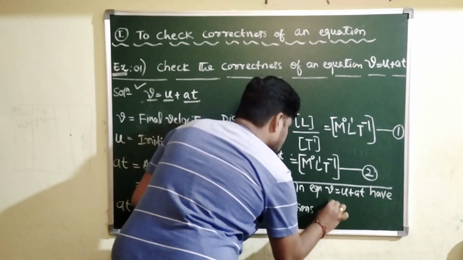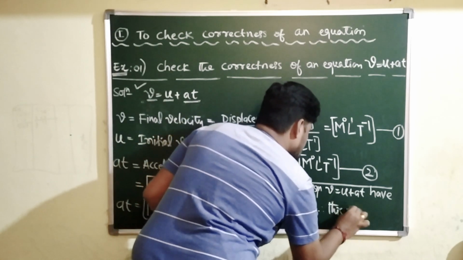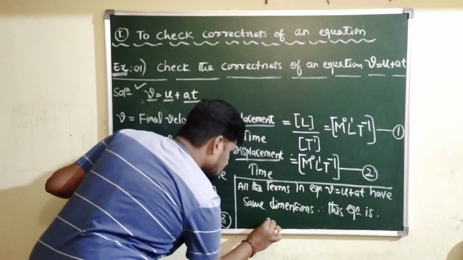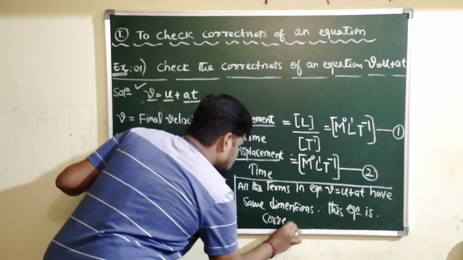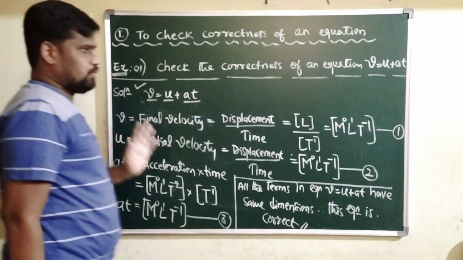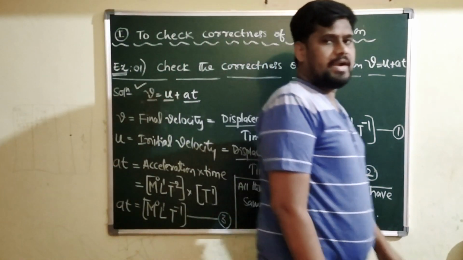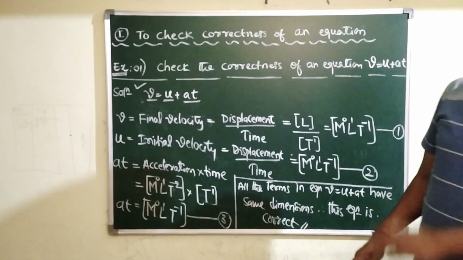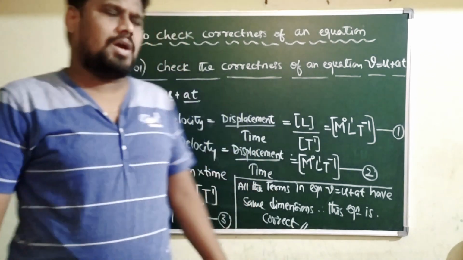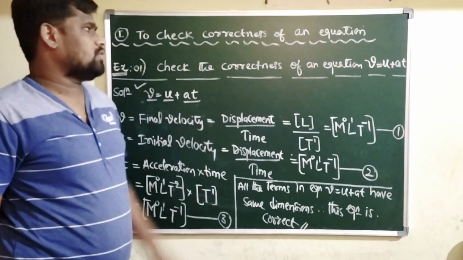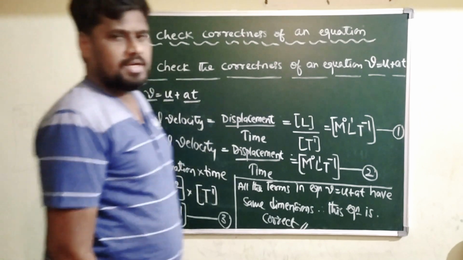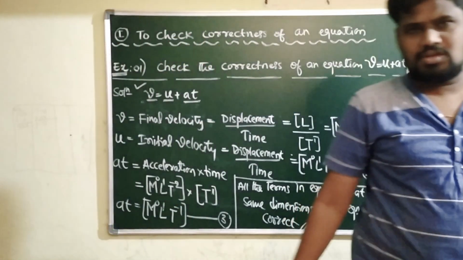Therefore, this equation is correct. This is the correct equation. So this is how we check the correctness of a given equation with the help of what? Dimensions. This is called the first application of dimensions: to check the correctness of an equation.